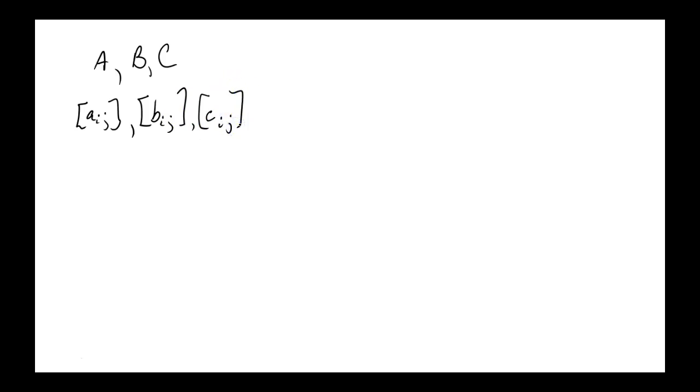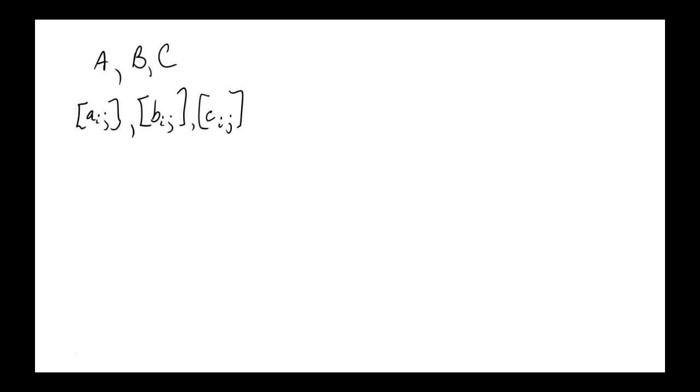Now, catch the difference here. The elements are lowercase letters, usually given the same lowercase as the name of the matrix, capital A, capital B, capital C, and then the subscripts ij refer to i being the row number, j being the column number.